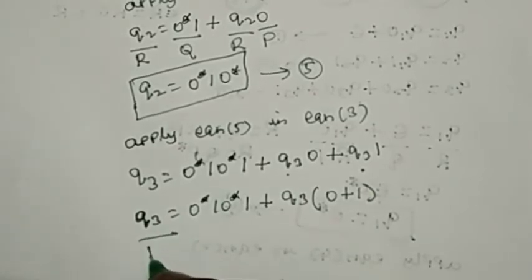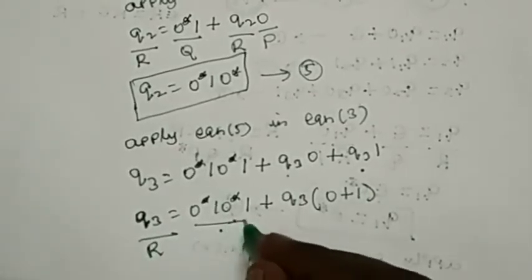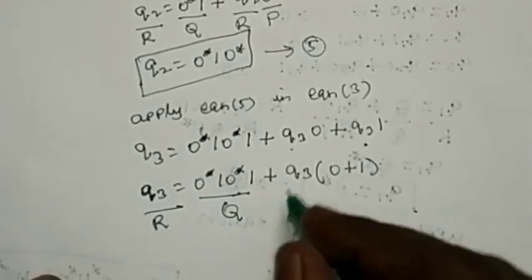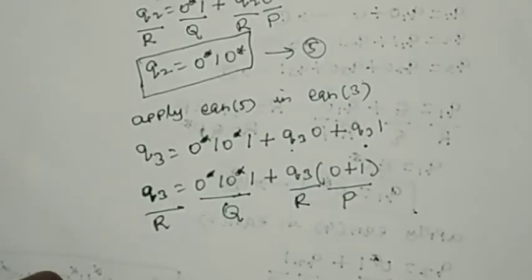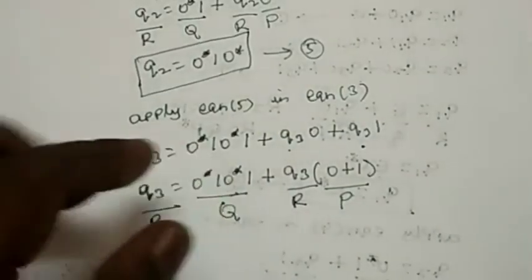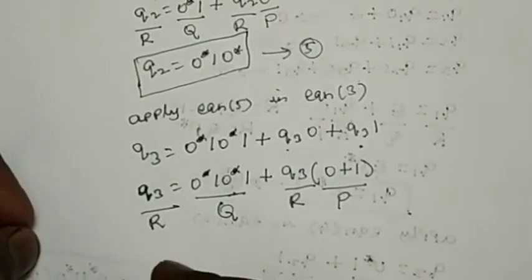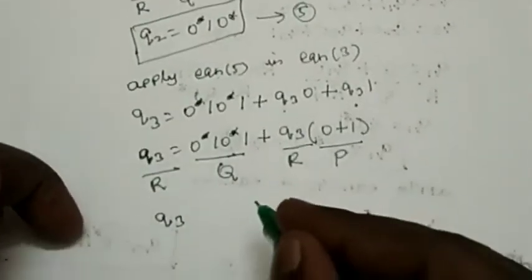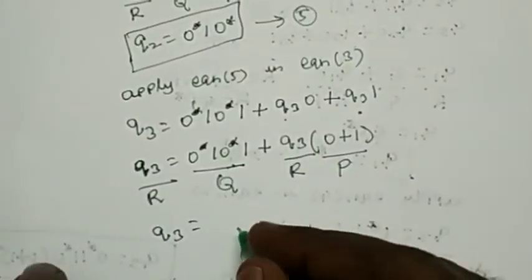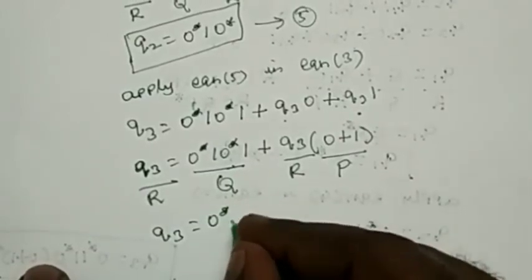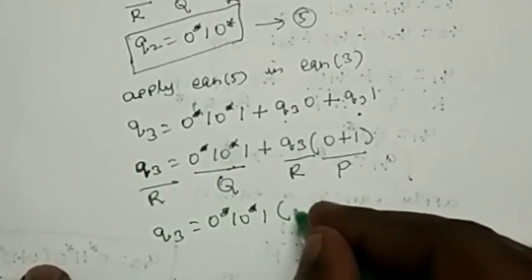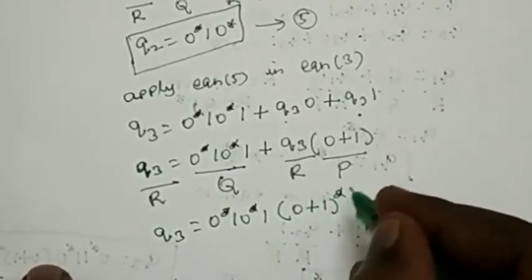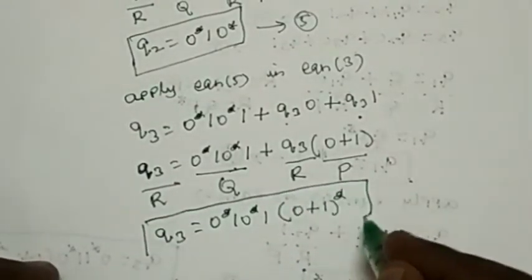This is Q, this is R, and this is P. Applying it, Q3 equals 0 star 1 0 star 1 (0 plus 1) star. So now I have obtained the value for Q3.